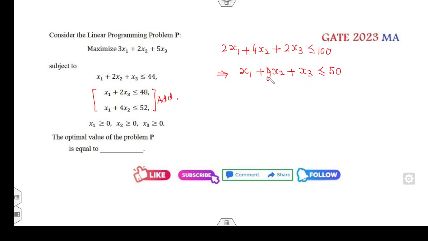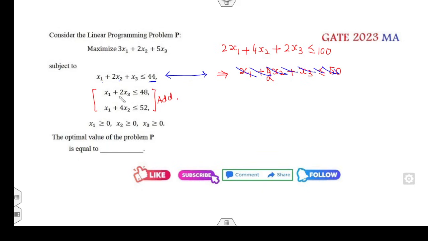You are very surprised to see the first constraint and the second constraint are the same. The only difference is it's less than 44, it's less than 50. That means that will be ruled out, because less than 44 मिल गया ना आपको.